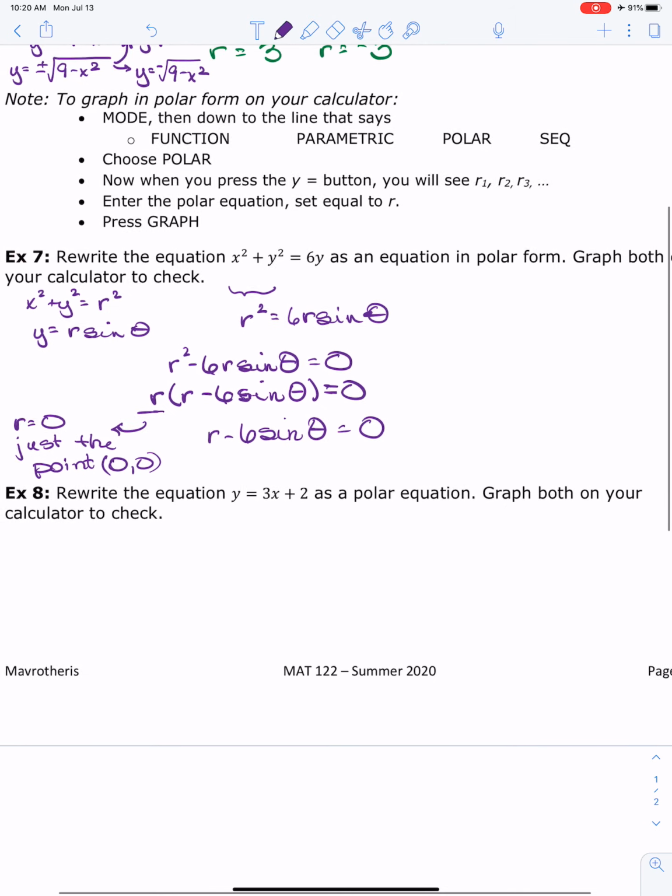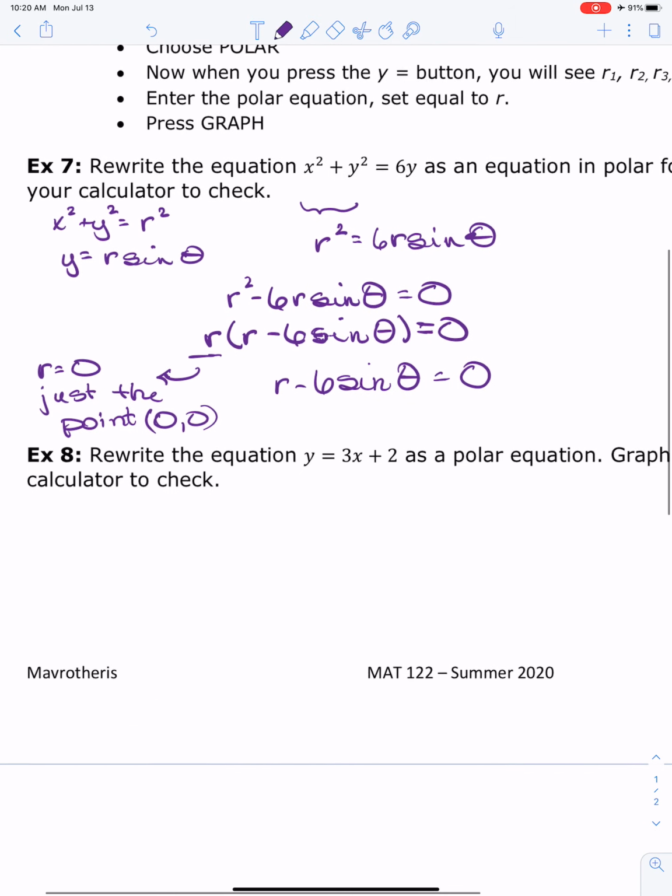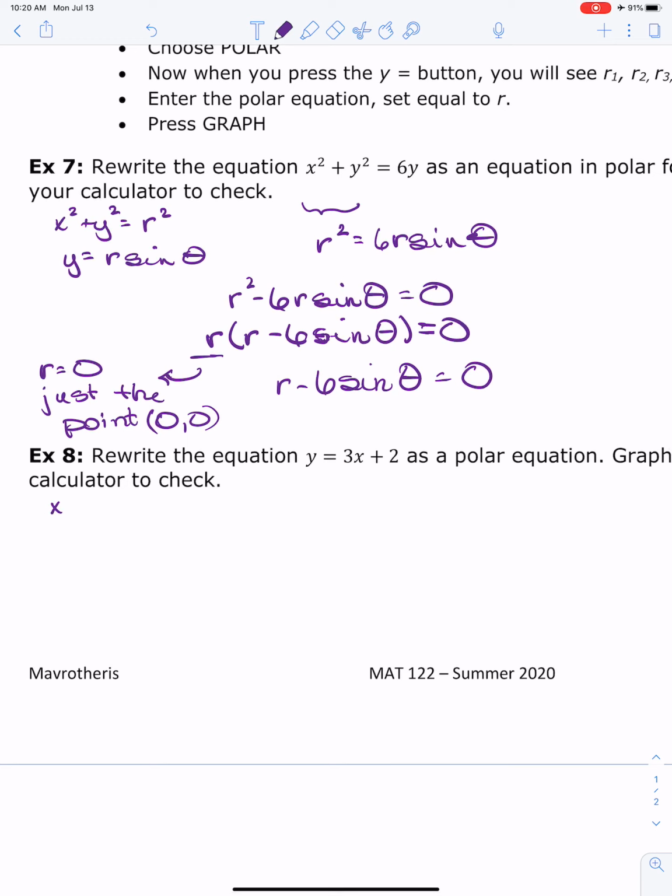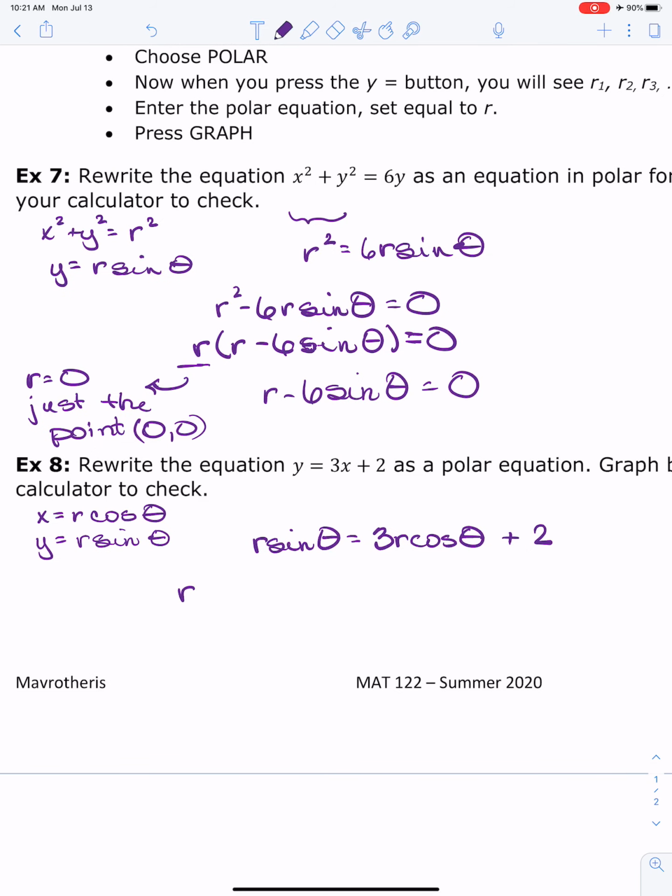Example 8, we're going from rectangular to polar. I have an x in there, which I know is r cosine theta. I have a y in there, which I know is r sine theta. And so I'm just going to replace: r sine theta equals 3 times r cosine theta plus 2. If I want to solve for r, I need all the r's on the same side. So I'm going to subtract that 3r cosine theta.